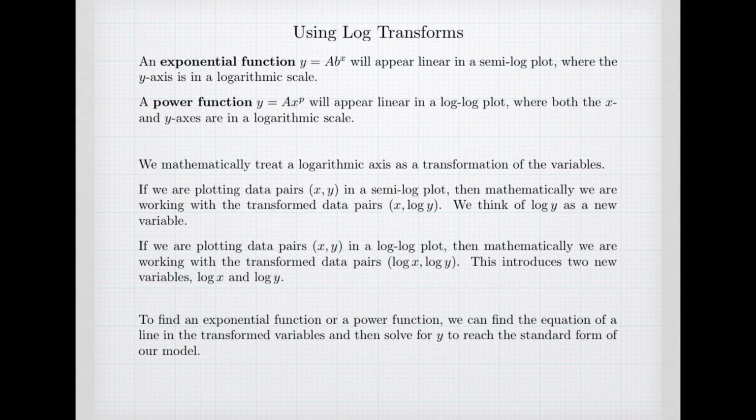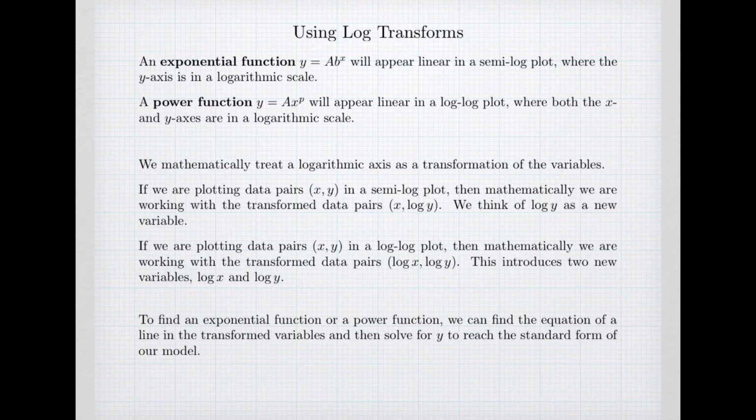And that's what we saw in the previous example. The exponential function, when the y-axis became logarithmic, looked like a line. A power function, here where my dependent variable is a constant, again a, times the variable raised to a power that's a constant, if I look at that in a log-log plot, where both axes are transformed, that's when it looks linear.